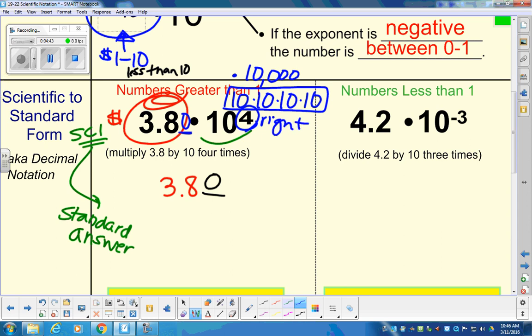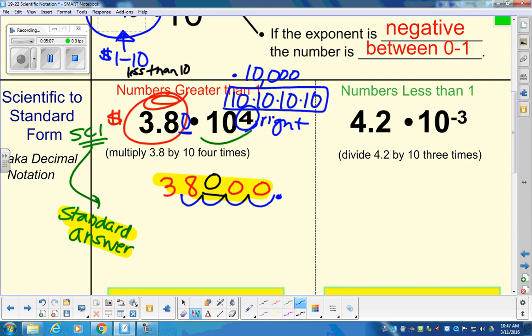You could always use your calculator to help you, but it's really making that value bigger by 10 four times. 1, 2, 3, 4. Every time we move a digit, we're multiplying by 10. So that new problem in what we call standard form is 38,000. That's our standard form answer, 38,000.